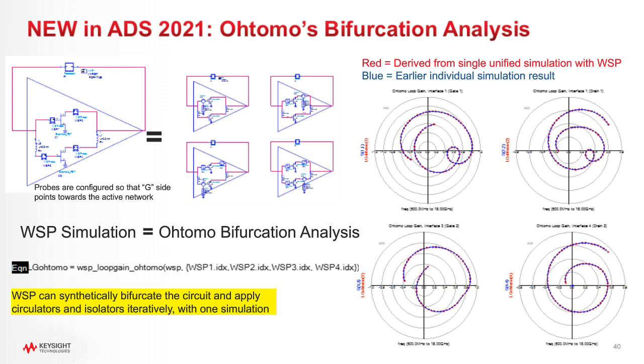And this is just matching the result that I showed from earlier, where I bifurcated the network and I added circulators and isolators to all the nodes quite painstakingly. I can match those results by just sticking probes properly configured into that same network and running it through this set of equations. So it'll virtually bifurcate the network, it'll virtually apply the isolators and circulators and compute an accurate result for you.